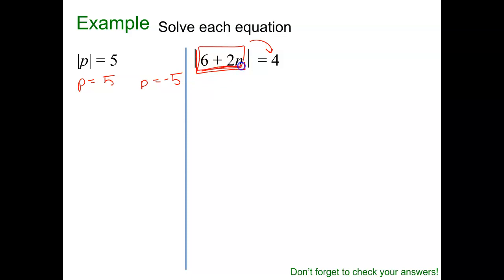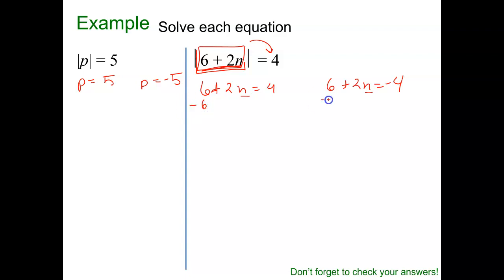So this has to equal 4, and it also has to equal negative 4. It has to be both, because both 4 and negative 4 will give me an absolute value of 4. So I need to figure out what value for n will change that entire expression to be a 4 or a negative 4.